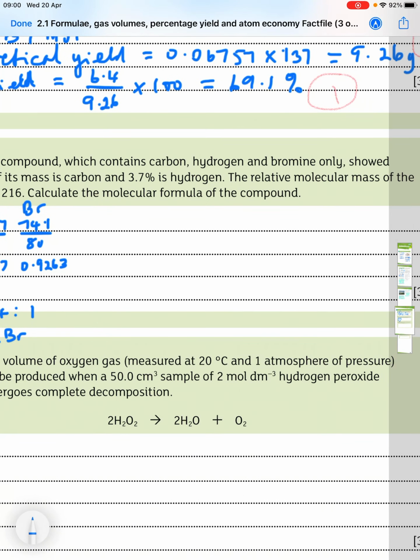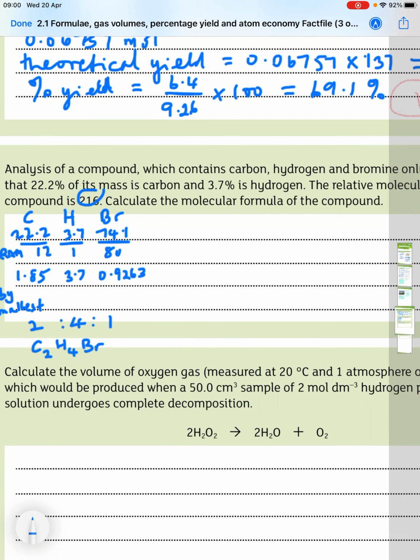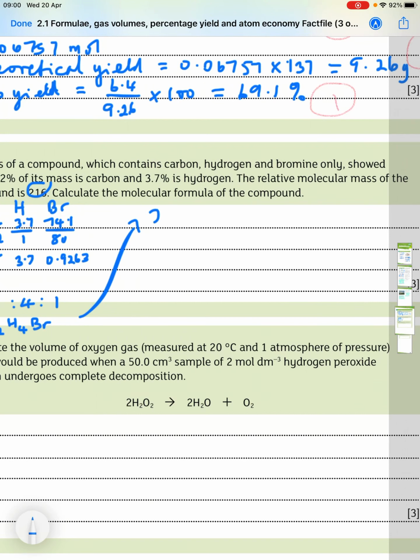So we're told that the mass of the compound is 216. We work out the mass of the C2H4Br. So 2 12s plus 4 1s for the hydrogen plus our bromine, which is 80. And that gives us 108.